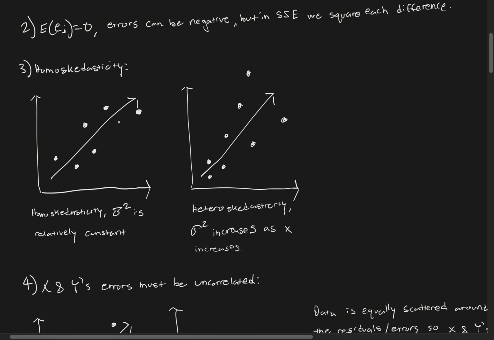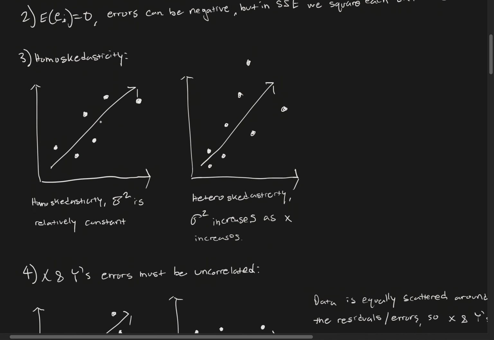Homoscedasticity. This is what I didn't go over, and I said I will go over visually. The first graph is a proper example of homoscedasticity because the differences between the data points and the fitted line are relatively constant.